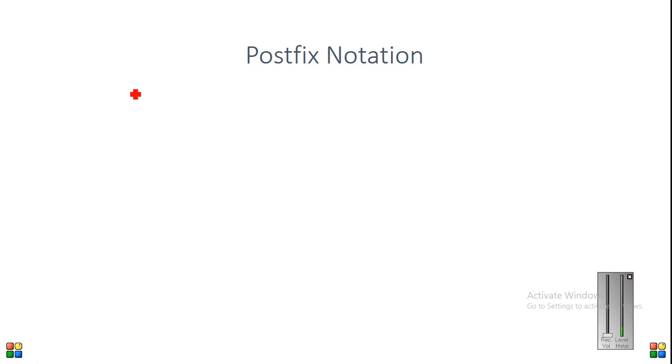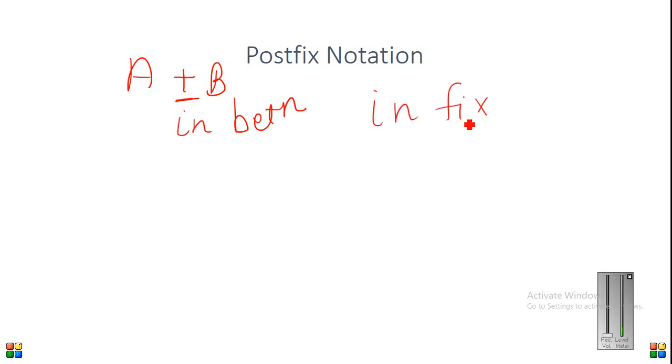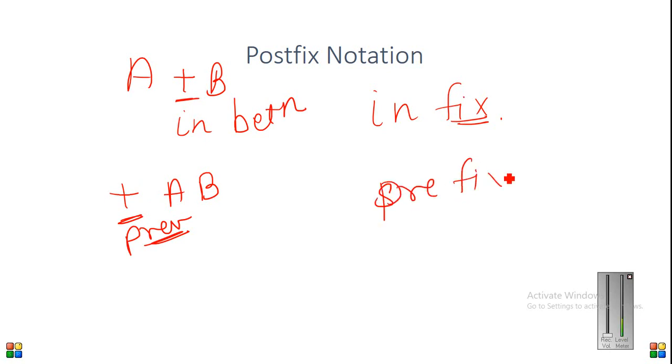So let us see what happens with postfix. If we have an operation like this, this is in between, hence it is infix. Then we look at prefix. This is previous to the operands, so this is prefix. And now we have, let's say, ab plus, right?